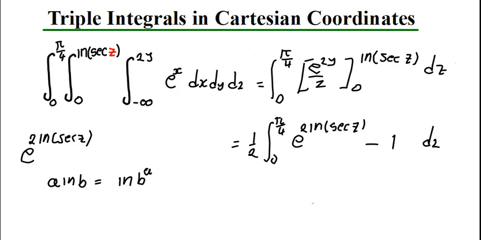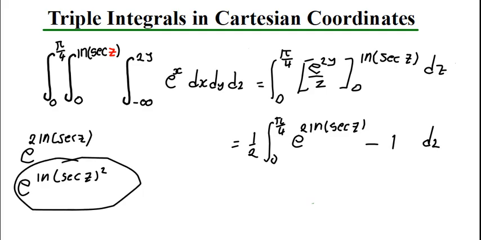So I can write this as e to the power natural log of sec z squared. The way you can simplify this further is that everything here goes down to sec squared of z.